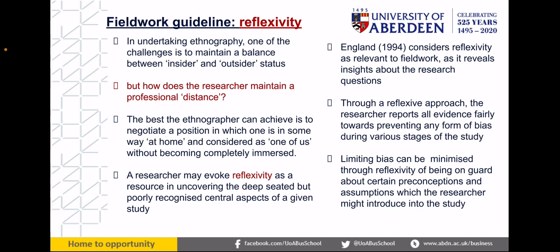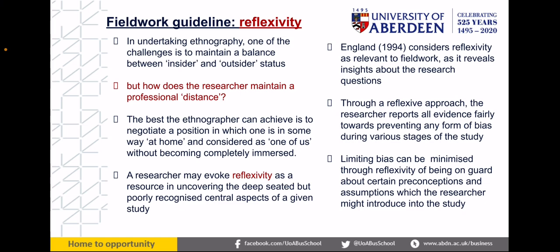Because what you find with most ethnographic studies, and this is one of the criticisms of ethnography, is how is it possible for the researcher to maintain that professional distance, or to remove that element of bias?